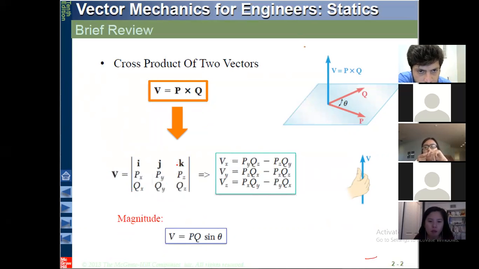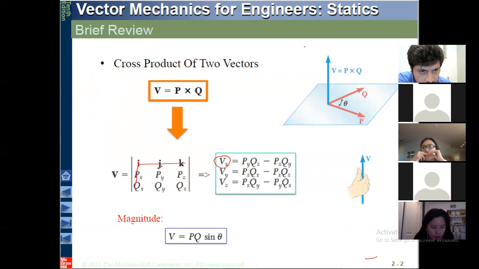All right. So, well, imagine you want to calculate the x component of the V vector, which is the cross product of P and Q. Then you cross ijk, which is the first row, and also the first column. I'm doing this for Vx.